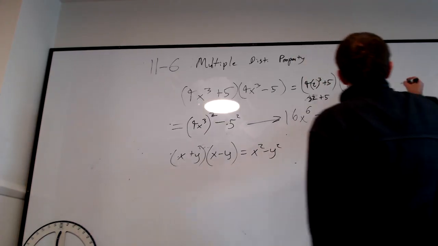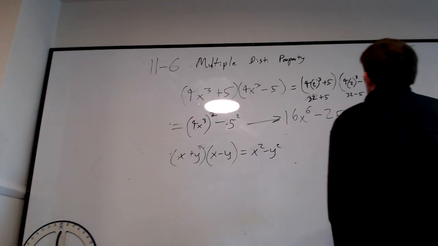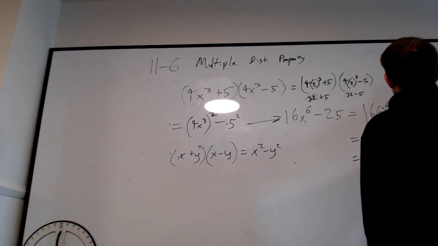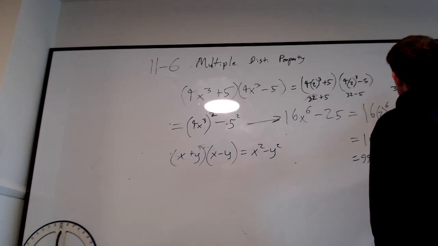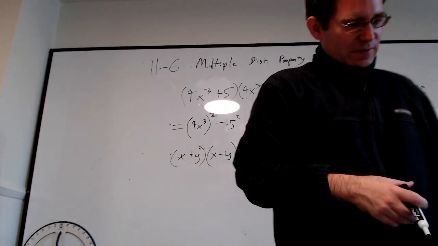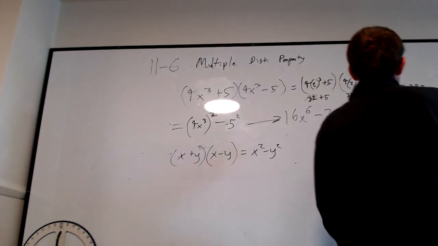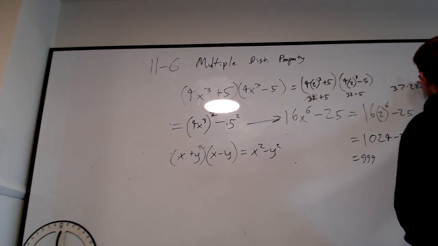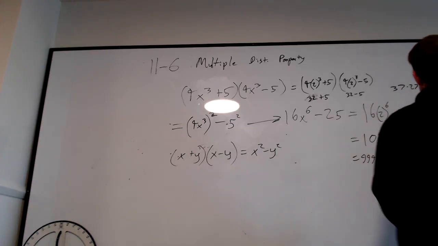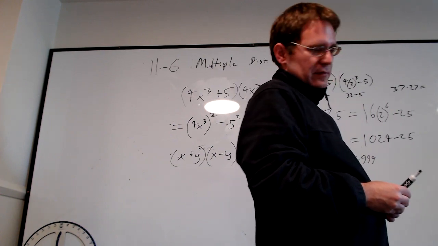So that's going to be 37 times 27. What does that equal? 999.